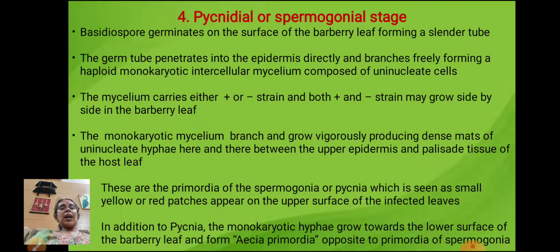These are the primordia of the spermagonia, also called pycnia, which are seen as small yellow or red patches on the upper surface of the infected leaves. In addition to pycnia, the monokaryotic hyphae grow towards the lower surface of the barberry leaf and form the aecidial primordia just opposite to the primordia of spermagonia.